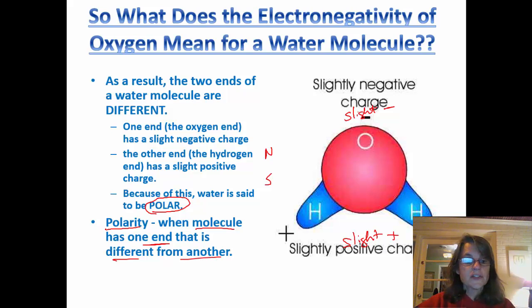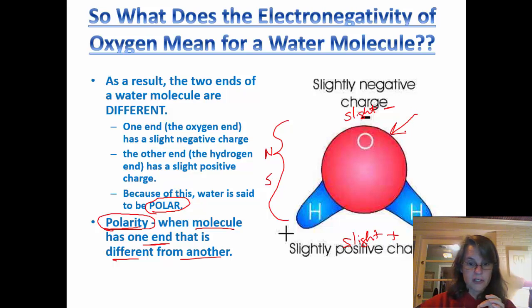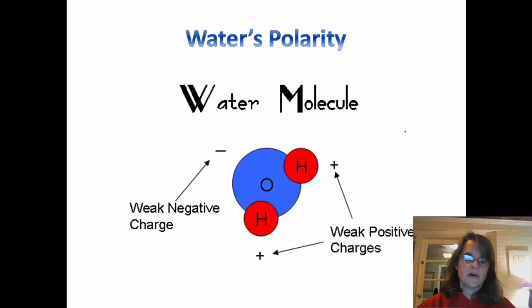So please associate polarity with the whole water molecule. Polarity happens because that atom right there, oxygen, is electronegative.